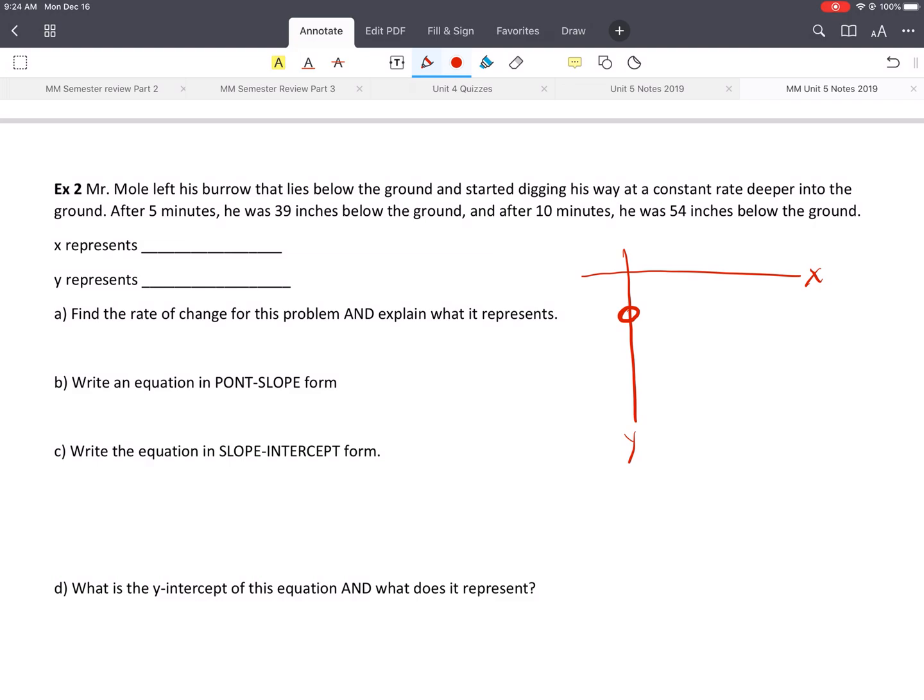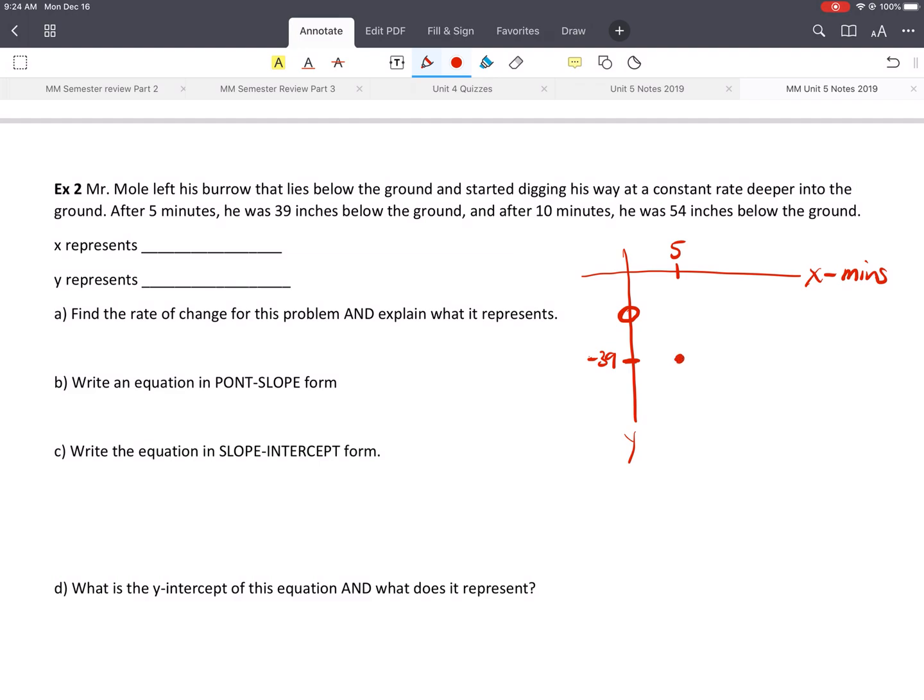deeper into the ground. After 5 minutes, so again, X is always time, so minutes. After 5 minutes, it says he is 39 inches below the ground. So since he's going deeper, it's got to be below his burrow. So we'll say negative 39. Okay, put that point.